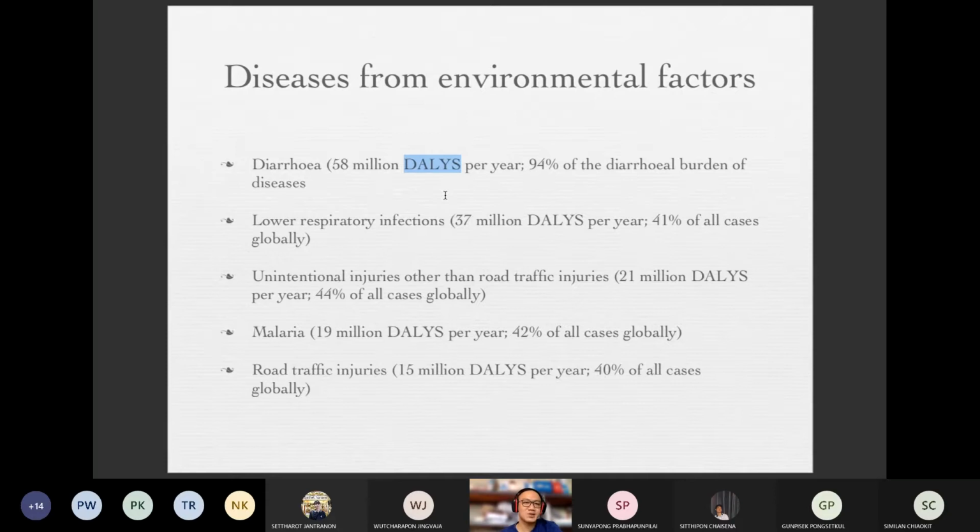It's a measurement expressed in terms of time. So in 1 year, people all over the world lost 58 million years due to diarrhea.